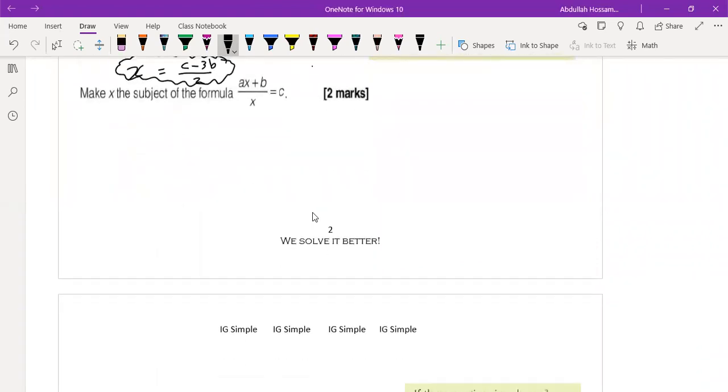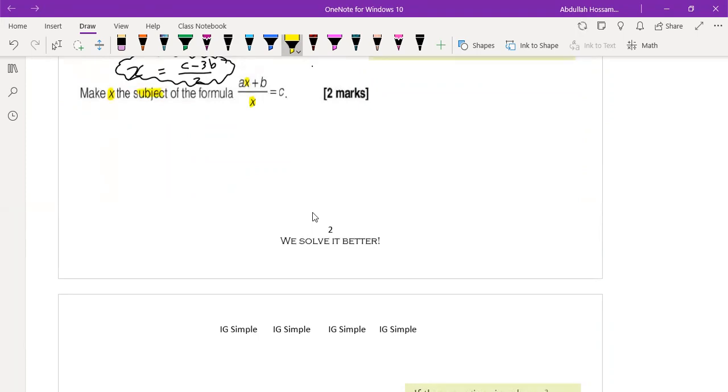The next question: make x the subject of the formula ax plus b over x equals c. So we have x here, and we need to make x the subject of the formula.